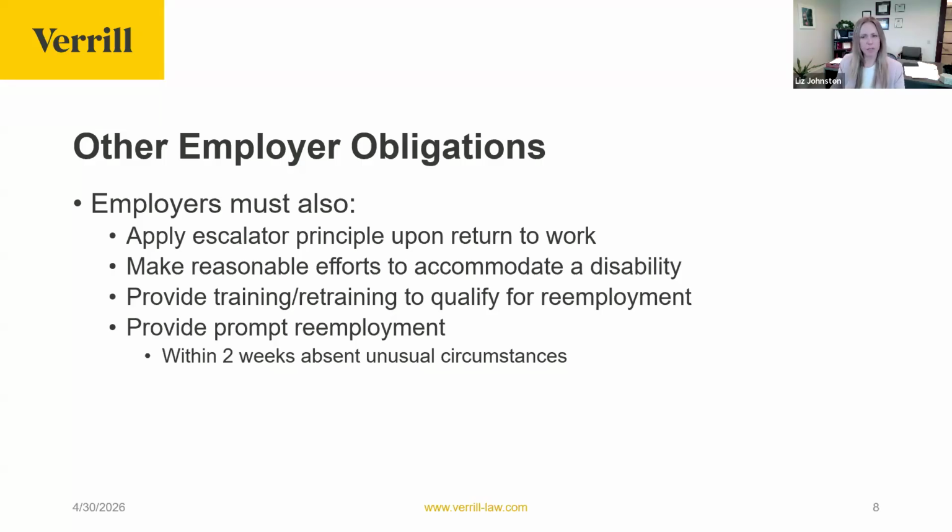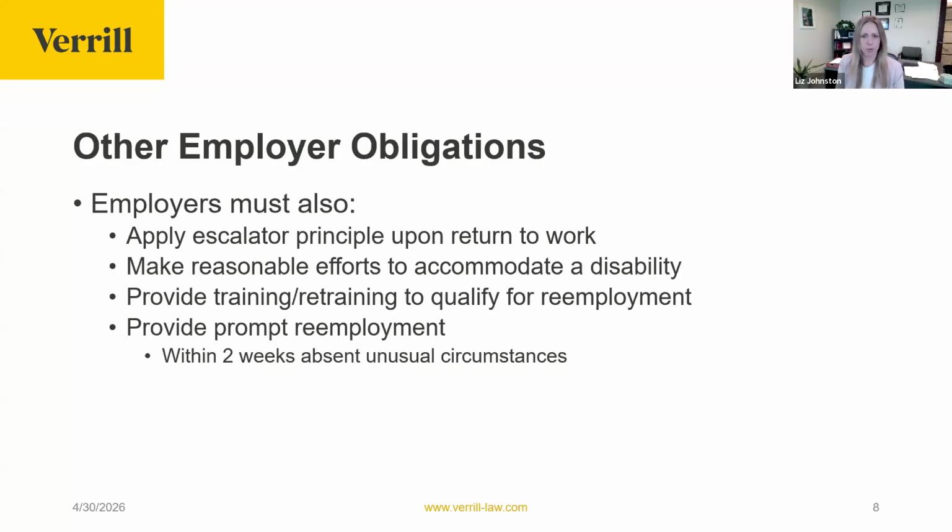But if the employee can't perform that position with a reasonable accommodation, the employer needs to employ that individual in a position of equivalent seniority status and pay, even if it's not the one that they would have come back into. So we have to look at that secondary position.